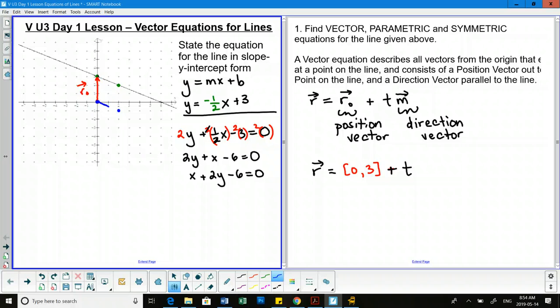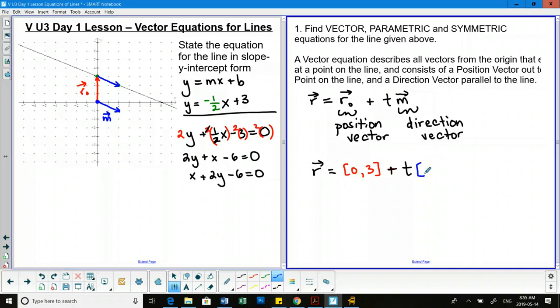If I drew this vector up here, it would be like a vector on my line. This is our direction vector. How can I express that vector? 2, negative 1, yeah.